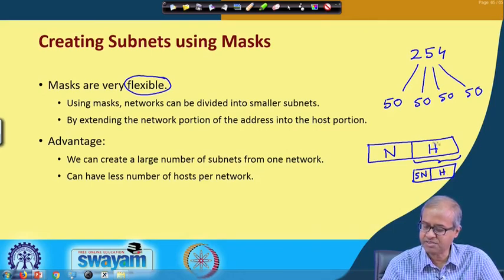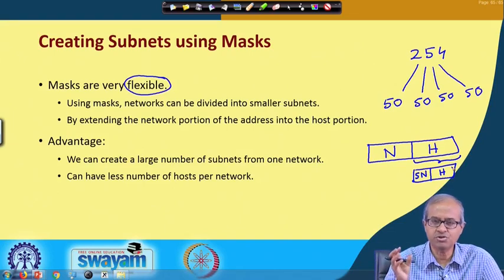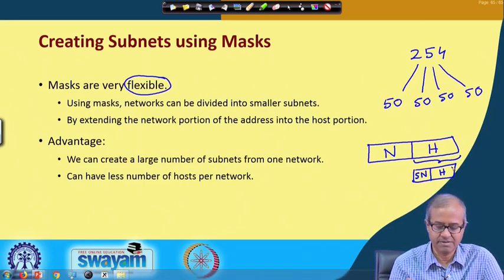Some of the bits of this host part we are using to identify the subnetwork number, and the remaining bits to indicate a host within the identified subnetwork, right.